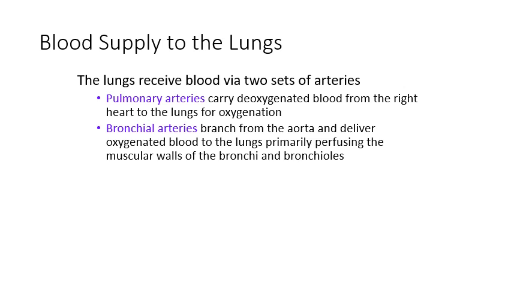All right. And as far as blood supply to the lungs, I want to make it clear, since we talked about the cardiovascular system a couple weeks ago, the difference between your pulmonary arteries and your bronchial arteries. We talked about the pulmonary arteries as the arteries that are bringing deoxygenated blood to the lungs so that it can be oxygenated.